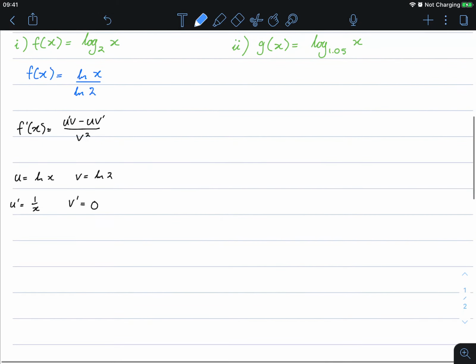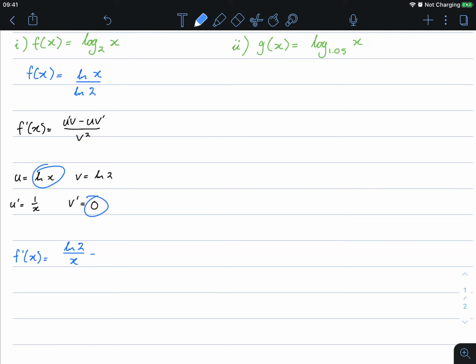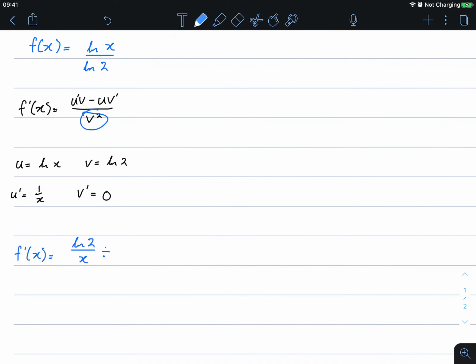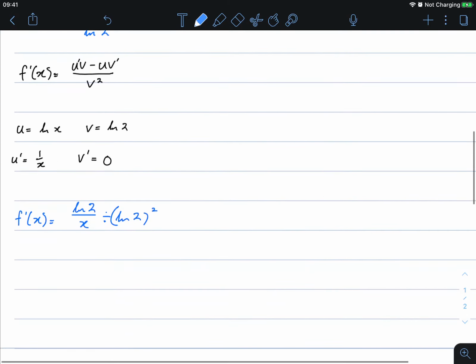Following the quotient rule, f prime of x, u prime v, that's ln of 2 on x, minus u v prime, that's ln of x times 0, well, this is actually nothing, divided by v squared, that's ln of 2 squared.